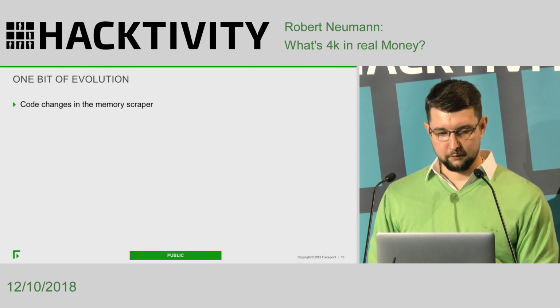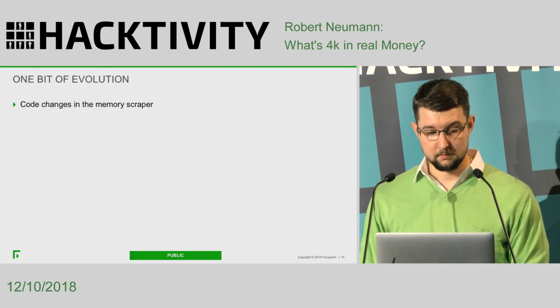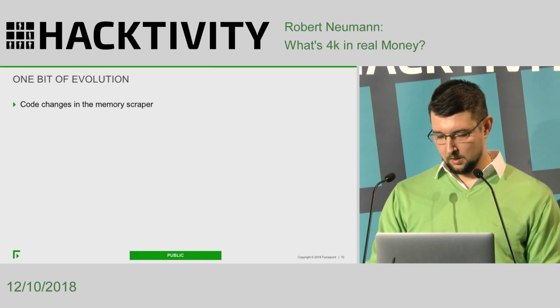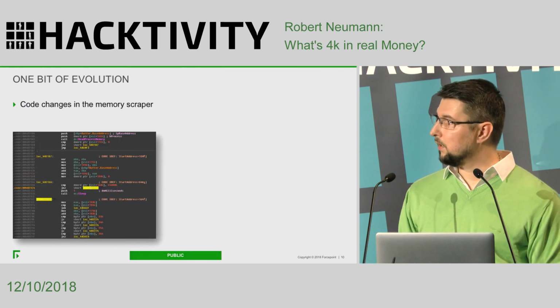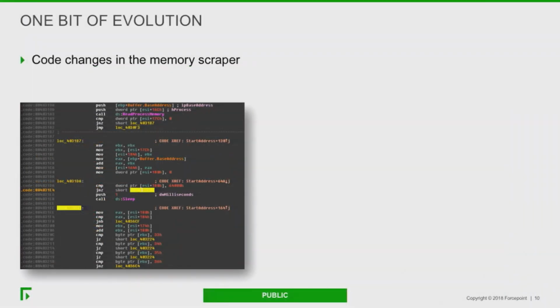And then one bit of evolution from the POS part. On the left, you can see that this is part of the memory scanning procedure. There is a memory read. After the memory read, there are certain checks, and on the bottom, you can see byte compares. Those are basically looking for digits, likely 3, 4, 5, 6.